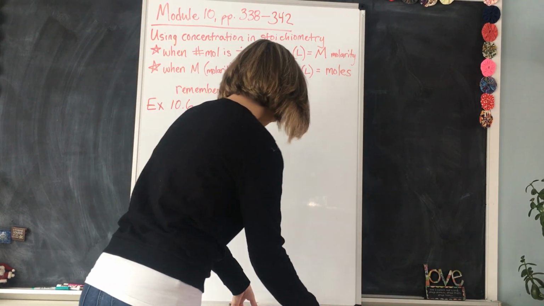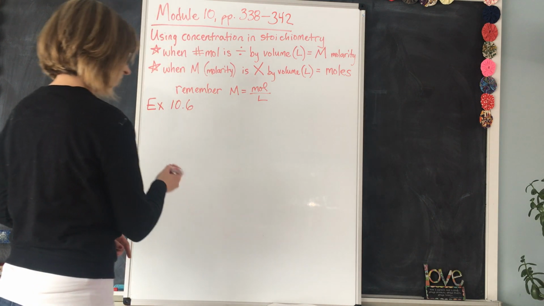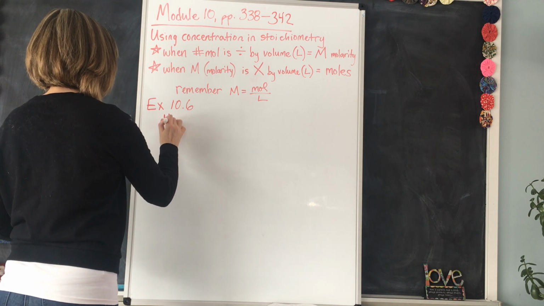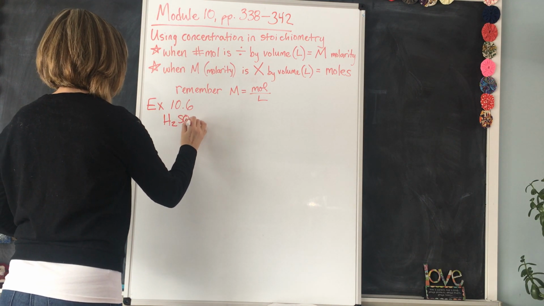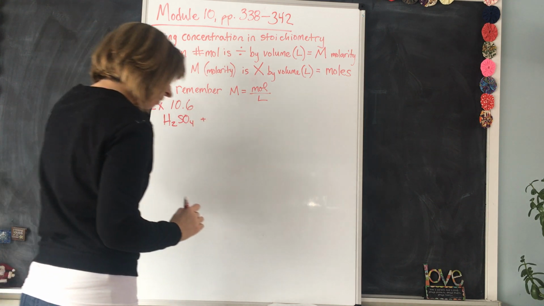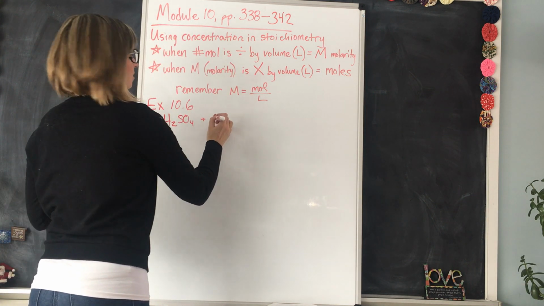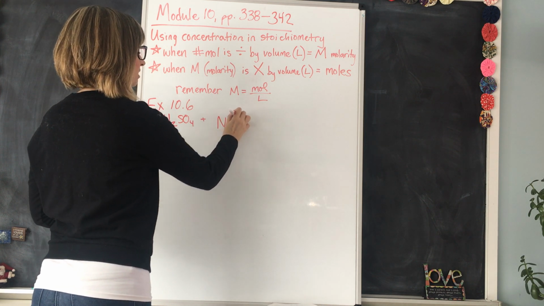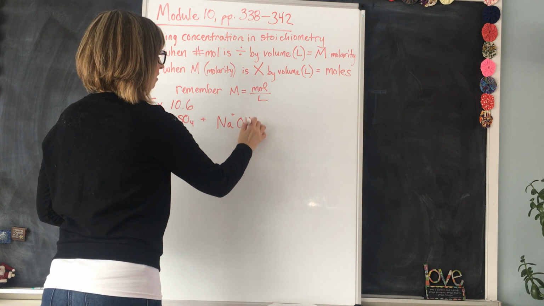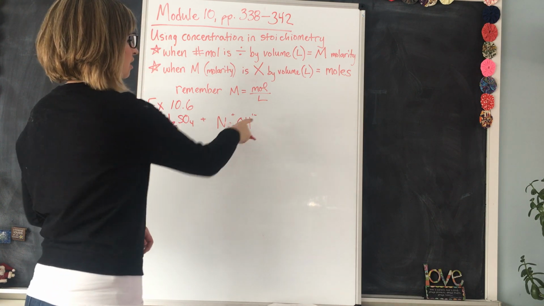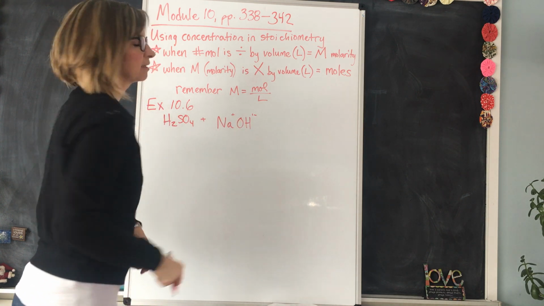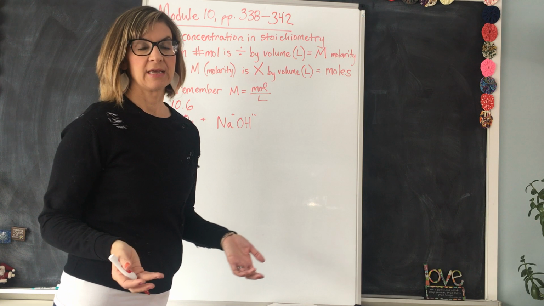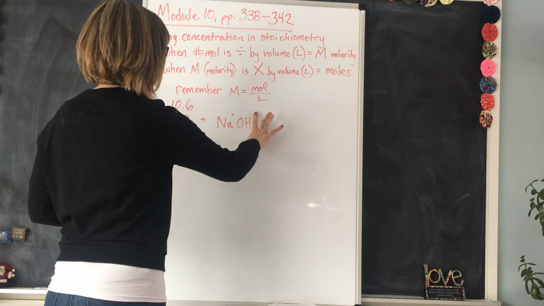So we are reacting sulfuric acid, which is H2SO4, with sodium hydroxide. Sodium hydroxide is sodium, which I know has a 1+ charge, and hydroxide, which has a 1- charge. So you flip-flop those numbers. Since they're both 1, they cancel each other out.